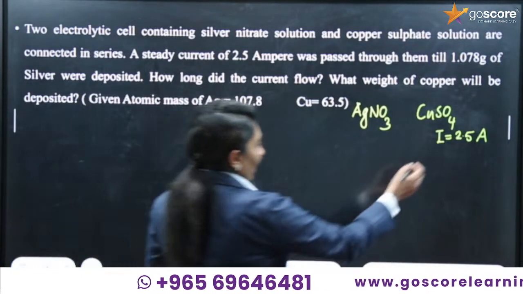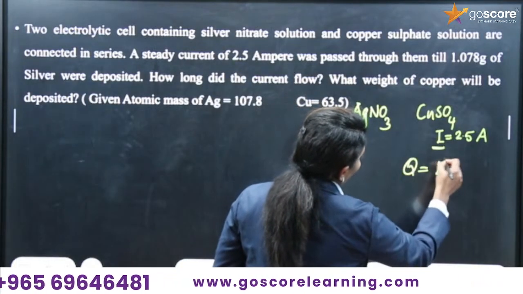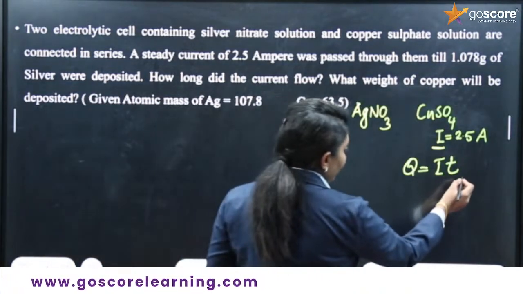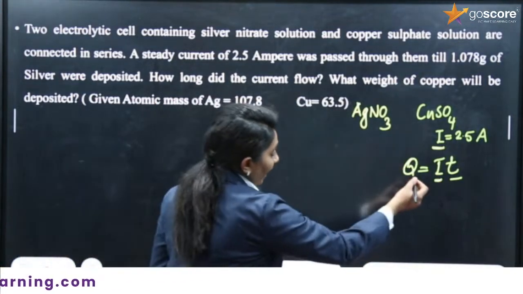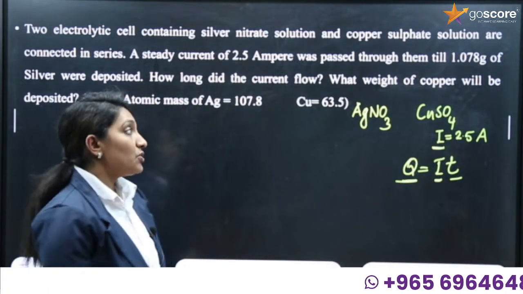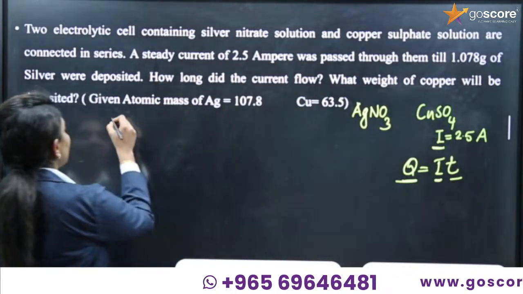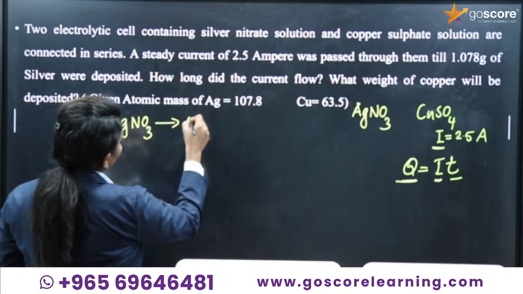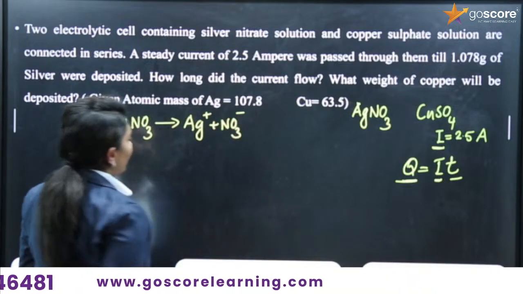Okay, here I is given. So we can find out the time by Q is equal to I into t, right? We want to find the time and only the current value in ampere is given. So first you have to find out the charge required, right? For that, first write the equation. For silver nitrate, AgNO3 giving Ag plus and NO3 minus, right?